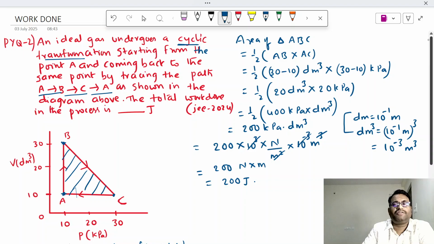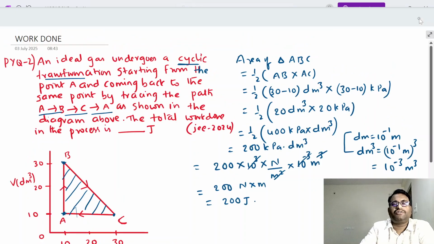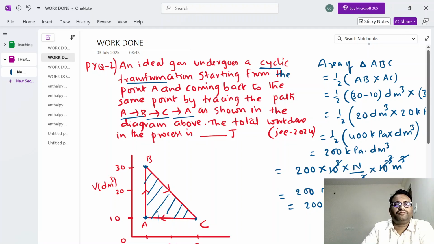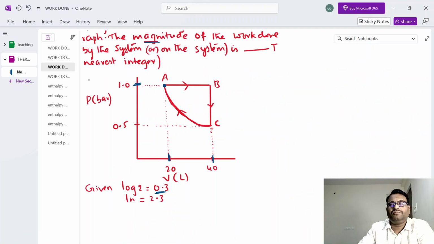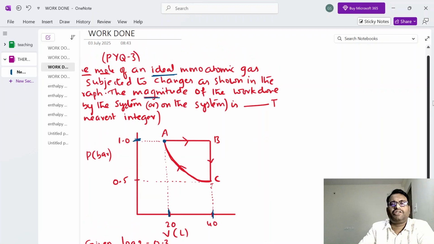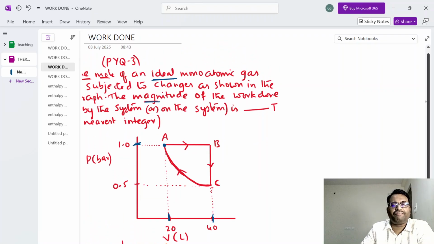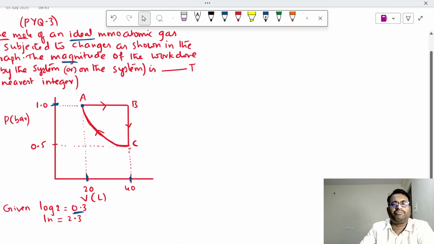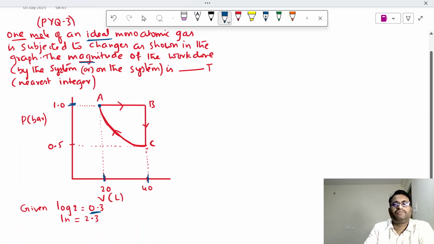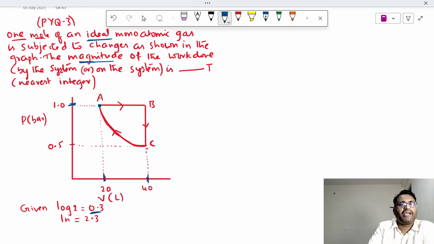So next, let us go with the next question. Here is the question again. From the graph we can understand that it is again a cyclic process. The question asked is the magnitude of the work done. 1 mole of an ideal monoatomic gas is subjected to changes as shown in the graph.